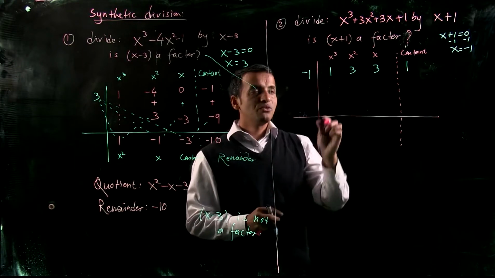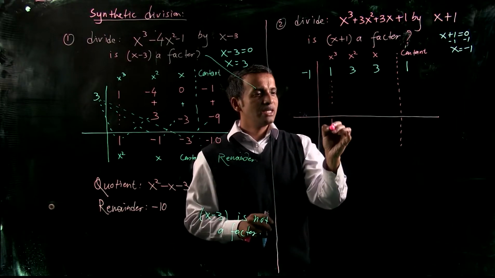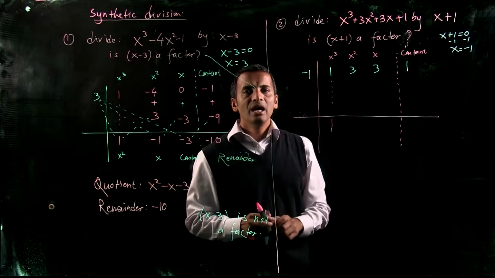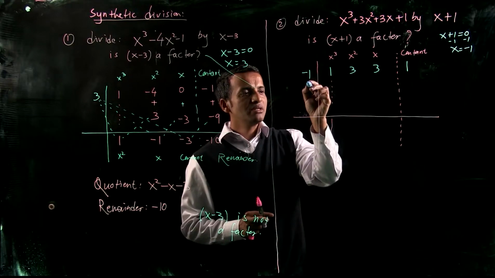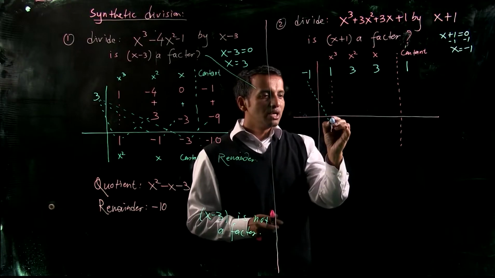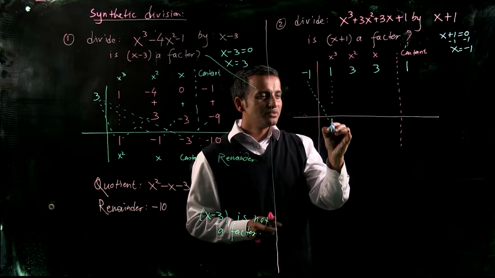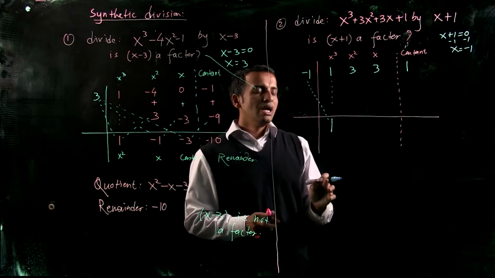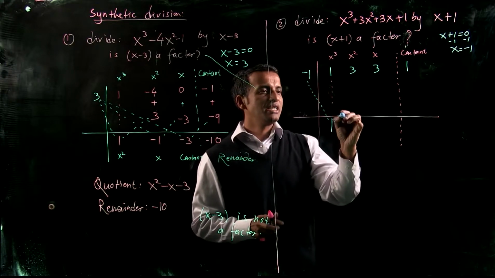As we did before, you write the 1 directly down there. Then you multiply this by that. 1 times -1 is -1, and you write it here.